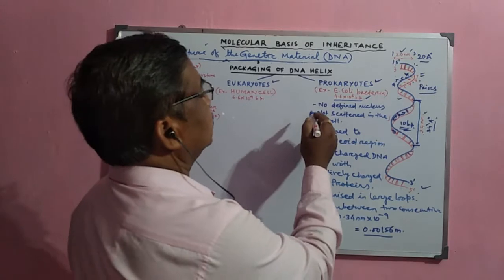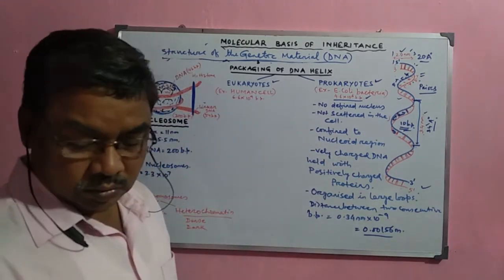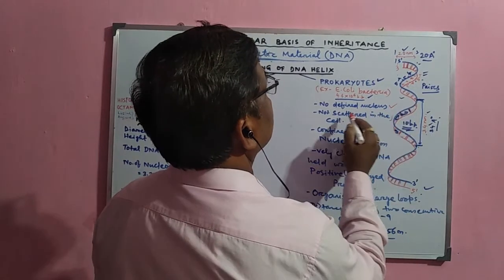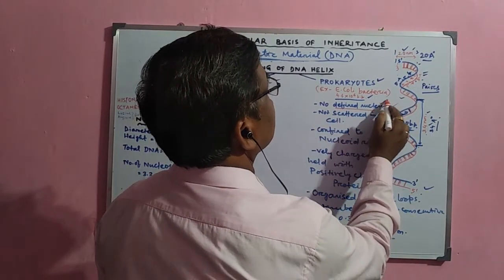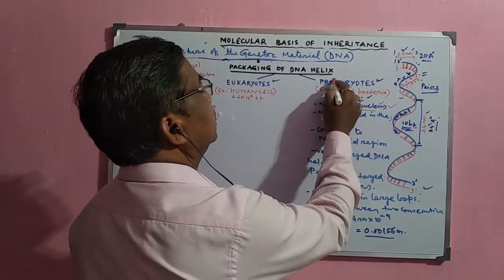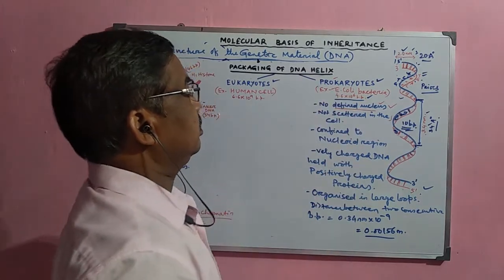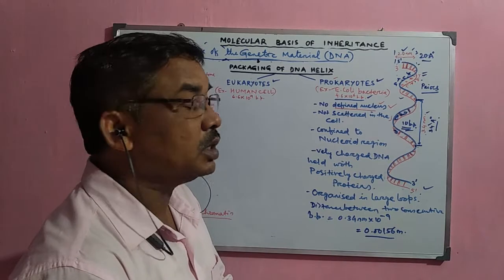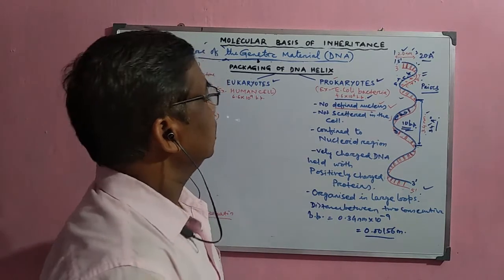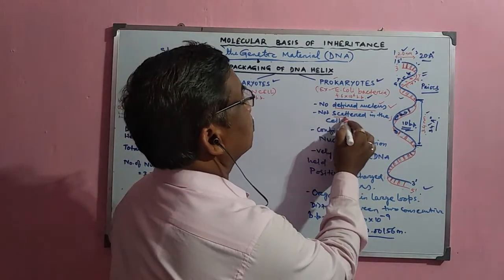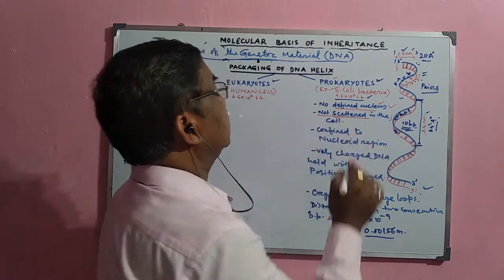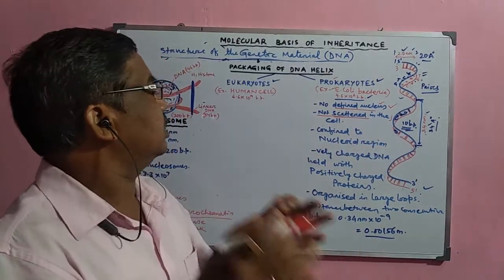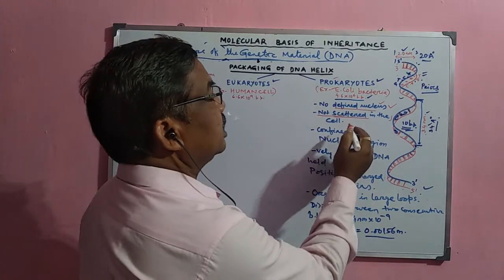In the case of prokaryotes like E. coli, there is no specific well-defined nucleus. Then if they are not inside a nucleus, where are they present? They are also not scattered throughout the cell. Then where are they present?